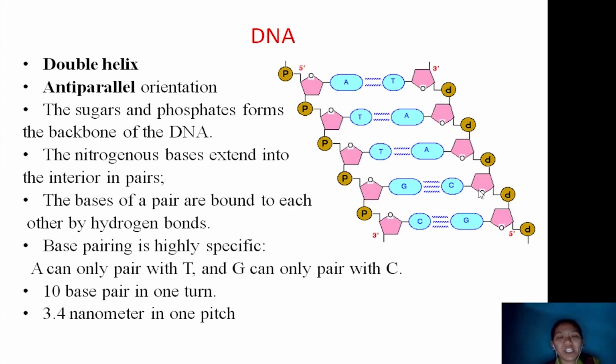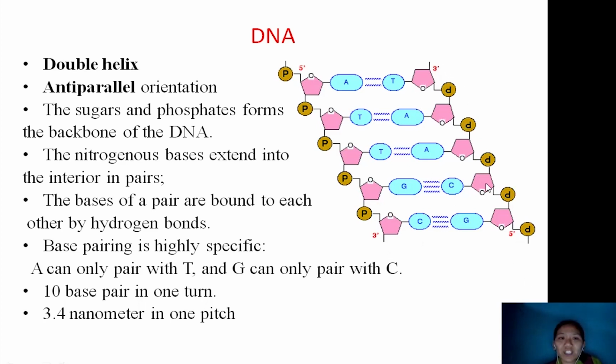And the orientation: here you will find 5 here, and 3 here, and 3 here, and 5 here. So 5 prime, 3 prime, 3 prime, 5 prime. In this one strand of DNA, the direction is 5 prime to 3 prime, but in this strand, the direction is 3 to 5.